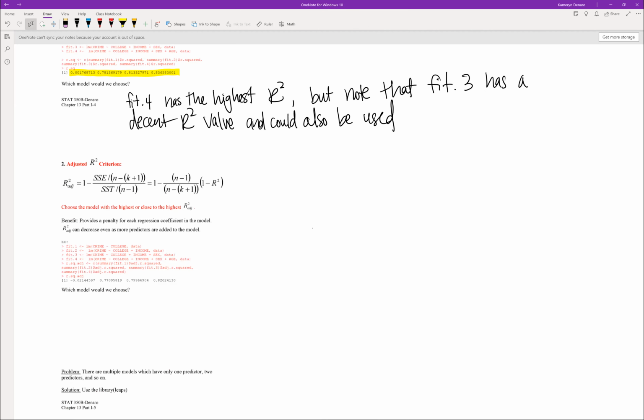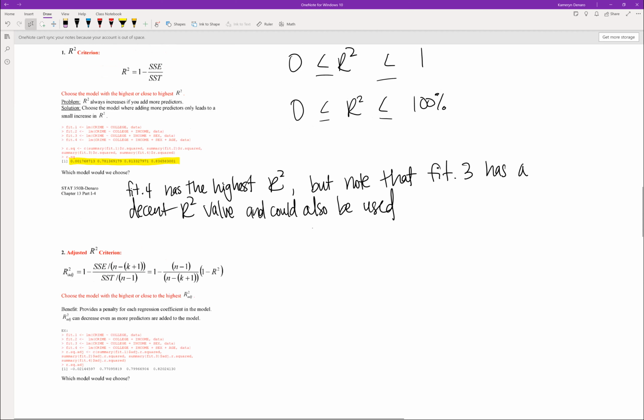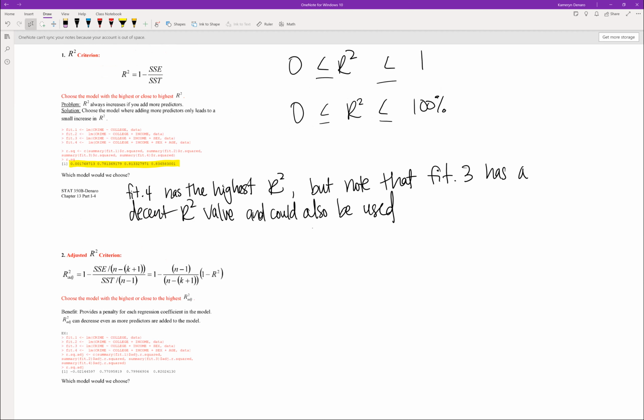All right, the next criteria we're going to talk about is the adjusted r² criteria. In the r² situation, that r² value is going to increase no matter how many predictors you put in the model. But we might have an issue with overfitting. If we put more and more variables in the model, are we really making a better model, or do we just have more and more variables? So essentially what you can do is penalize the R squared value based on the number of predictors in your model.